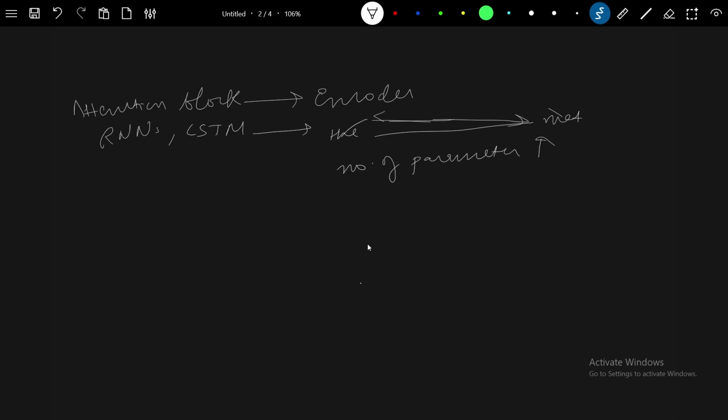So now let's deep dive into the encoder stack and what each layer does. As we know, the encoder stack consists of 6 layers, and we also saw that there is a skip connection in the encoder layers.